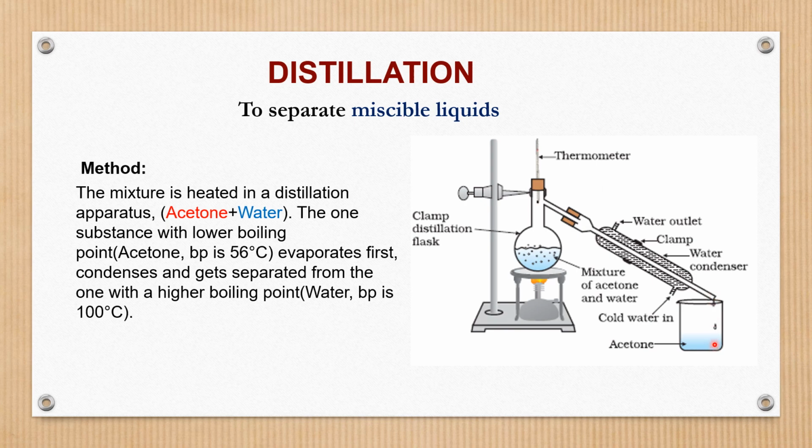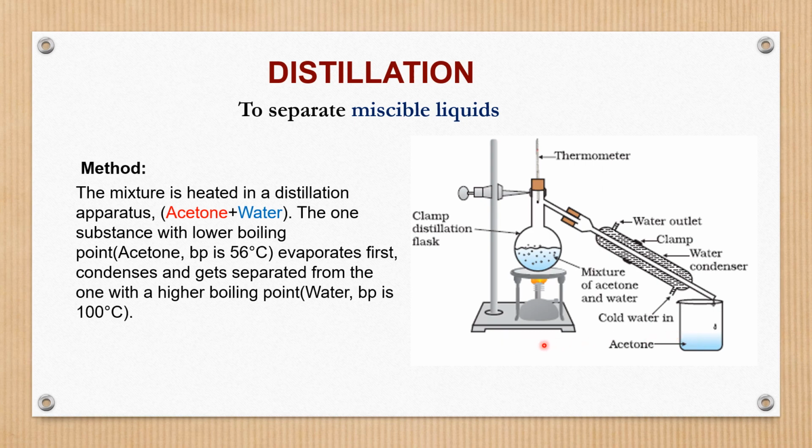So we collected acetone, and next is water. Water boils at what temperature? 100 degrees Celsius. So at 100 degrees Celsius water vapor comes out and passes through the water condenser, the water vapors change to liquid water, and we can collect it separately. So that is the method of distillation.